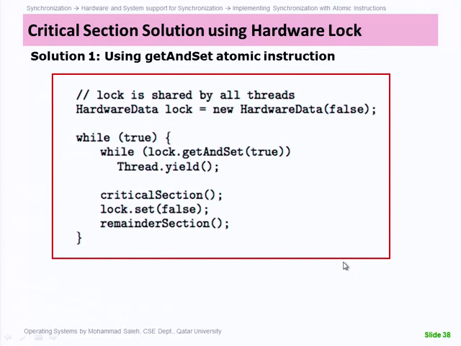this is a portion of the code for a worker. A worker will basically be doing continuously one of two things: executing a critical section and executing a non-critical section, which is the remainder section, continuously. Right? Okay.